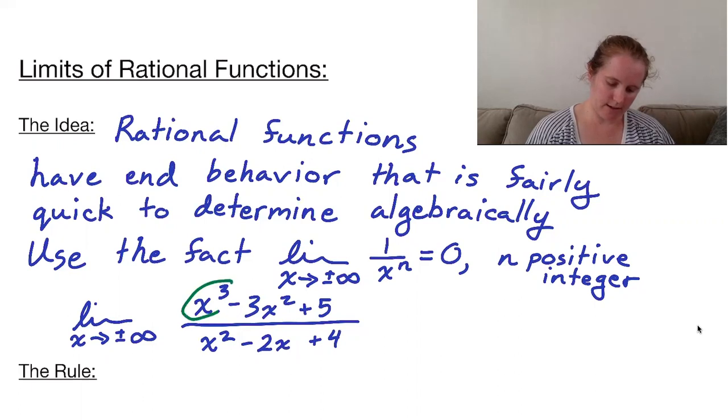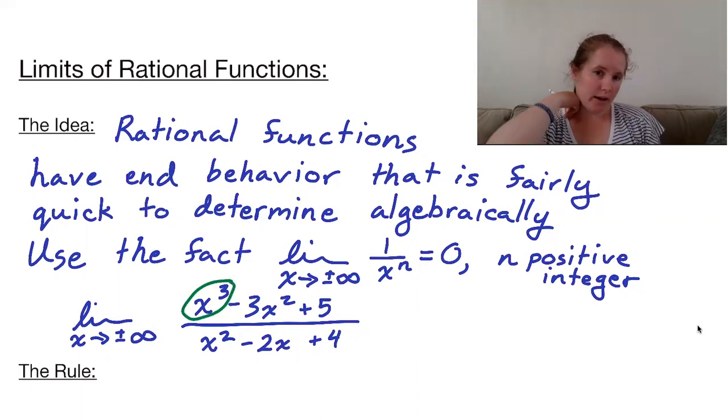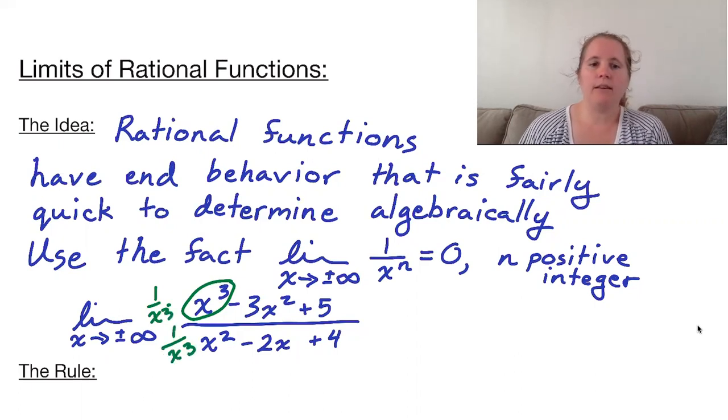In this case, x cubed is the highest power. If we multiply the top and the bottom by 1 over x cubed, we can turn everything except any term with an x cubed into something that will go to 0, right?